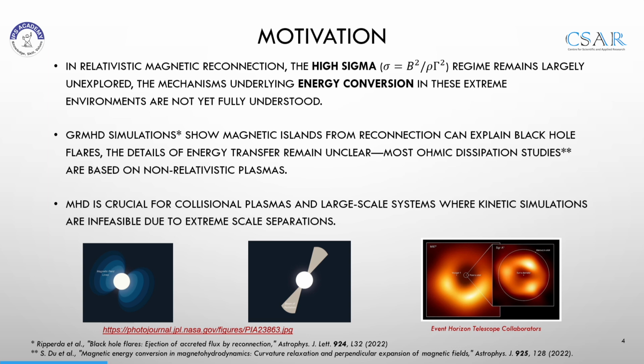Certain global general relativistic MHD simulations have shown that magnetic islands formed in reconnection can explain black hole flares, but the details of the energy transfer remain unclear, and most ohmic dissipation studies are based on non-relativistic plasma. I have referred to that at the end. MHD is crucial for collisional plasmas and large-scale systems where kinetic simulations are infeasible due to extreme scale separations. Below are some graphics of a magnetar and a pulsar. The last one is of a black hole.